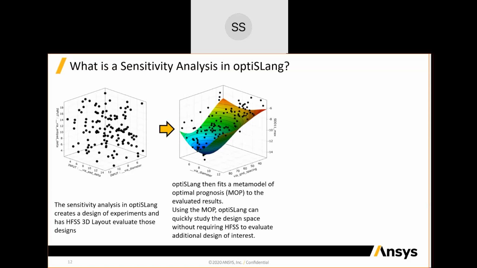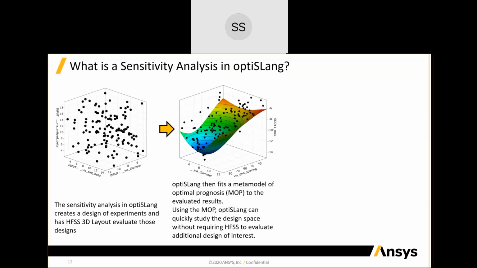To that, optiSLang will fit a meta model, and a meta model is really just a mathematical model that we can use in place of evaluating the simulations in 3D Layout. So it's much, much quicker to obtain information about how a certain design would perform. So for a certain input, what kind of differential return loss would we get?